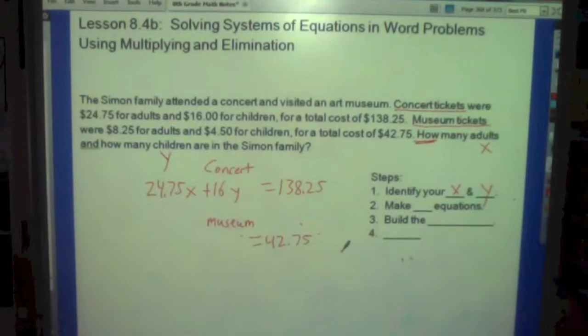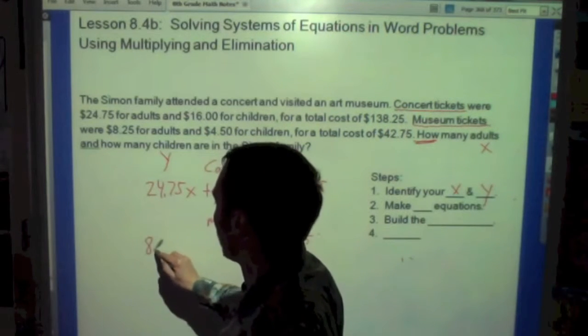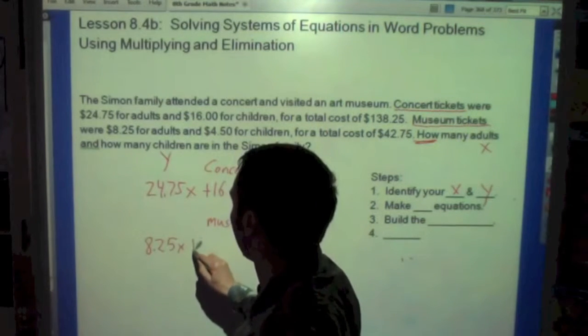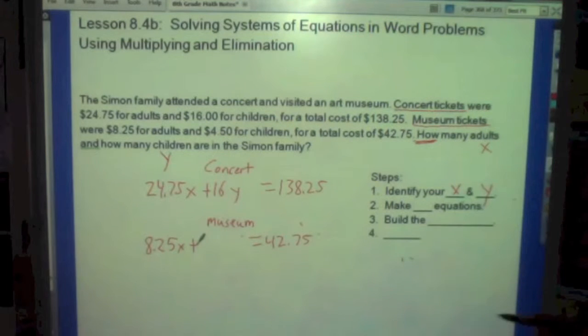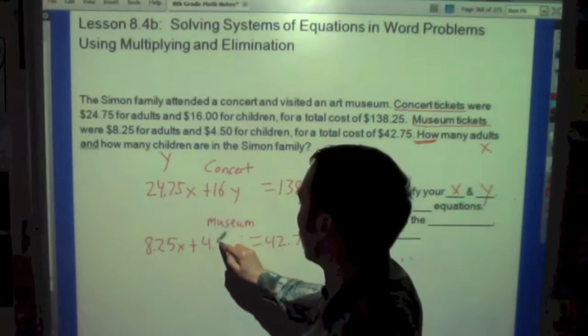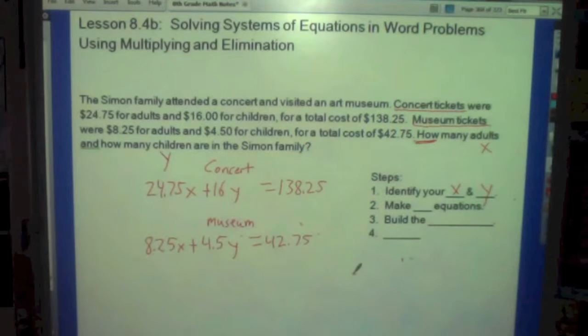Now let's take a look at how much it costs for each adult and each child so we can set up our equation. The adults were $8.25, so that's going to be 8.25x, and the children were $4.50 each. So I have 4.5y.